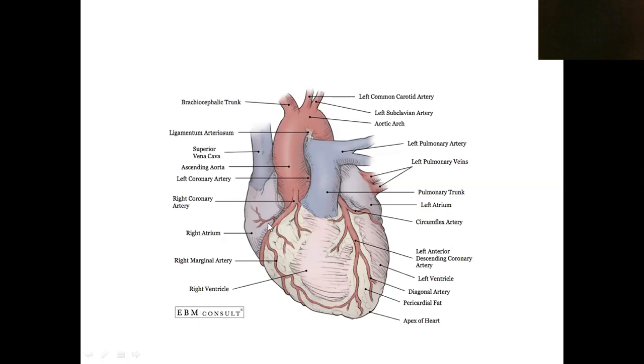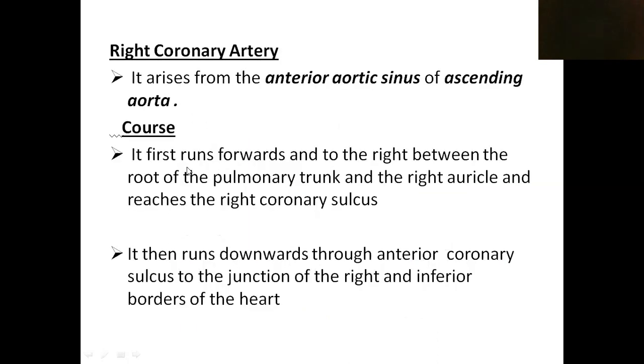This is the right atrium, which has this small projection, the right auricle. So it lies between the right auricle and the pulmonary trunk, and reaches the right coronary sulcus.